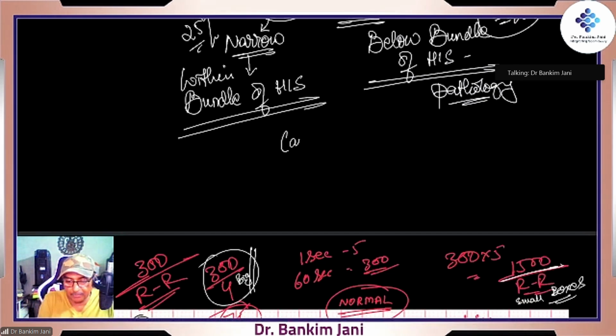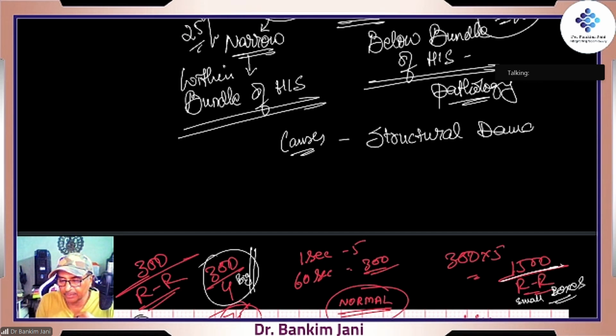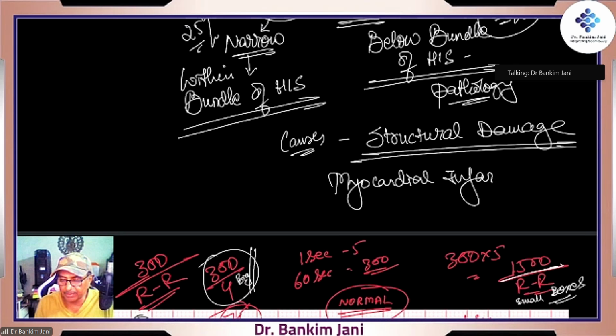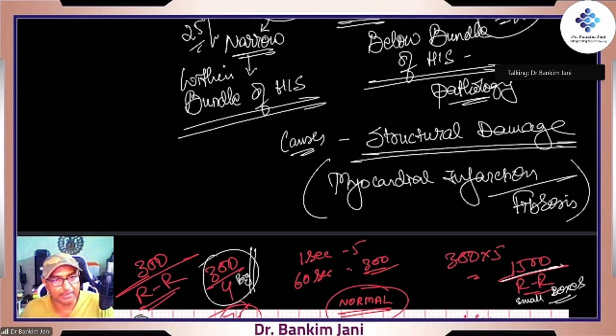Causes. Why it can really occur. Whenever there is structural damage to the heart tissue. So either it could be because of, say, myocardial infarction, or if there is development of any fibrosis. So these are the cases in which it will typically occur.